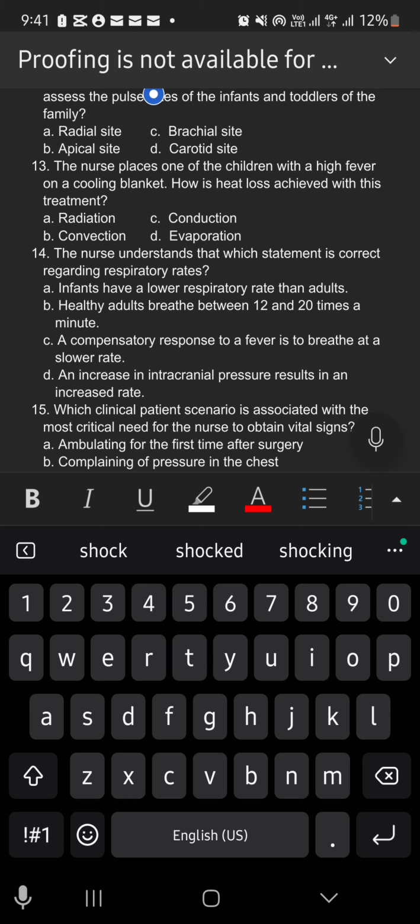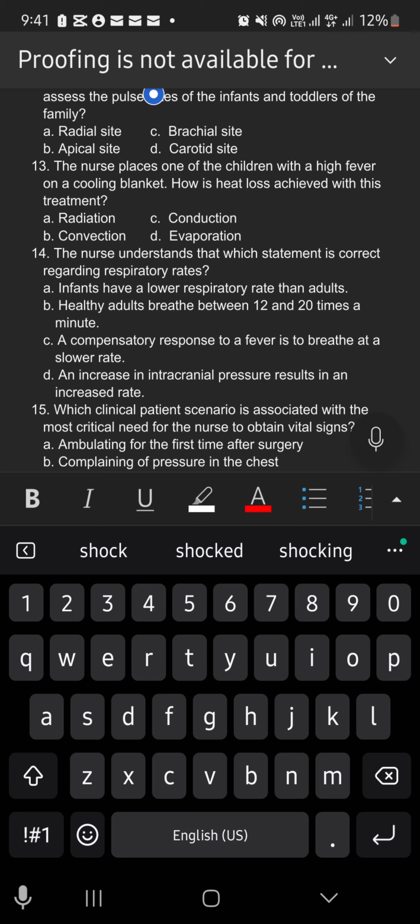Now, the question is about heat loss in which the cooling blanket is touching the patient with high fever. Once we touch, that means it's conduction. Without touch, it means radiation. And once it's air current, for example, you cover the baby, swaddle the baby, and put a bonnet on the head, that is to prevent convection because the room is cold.